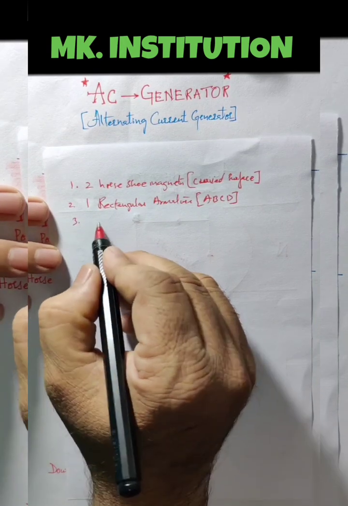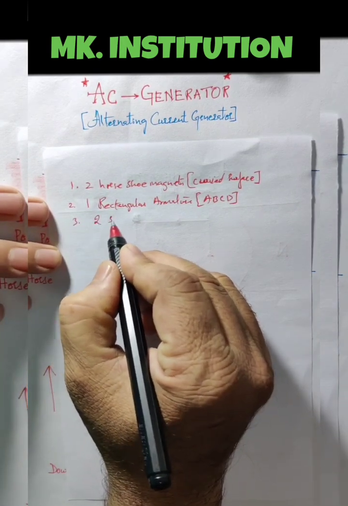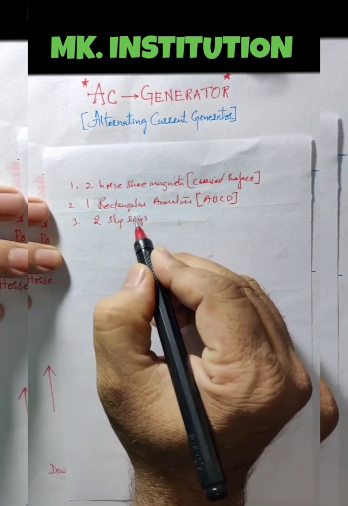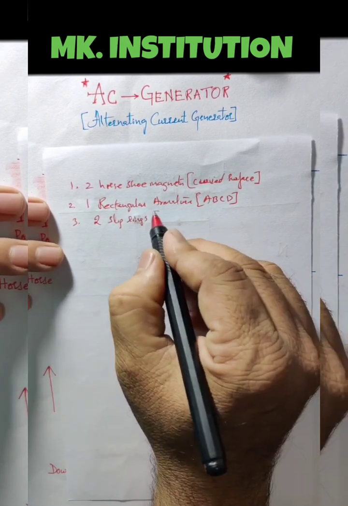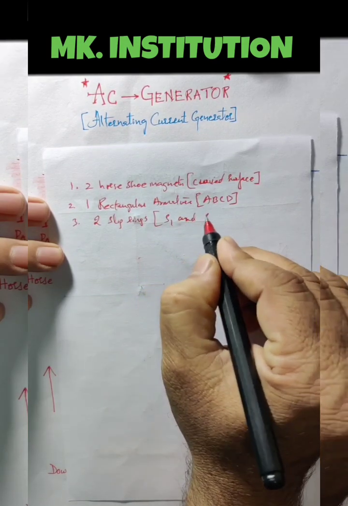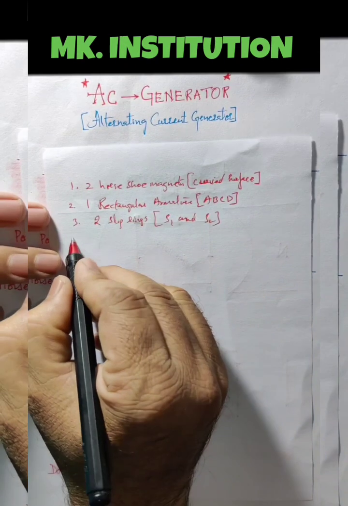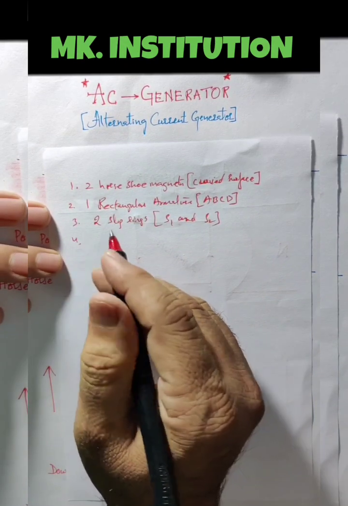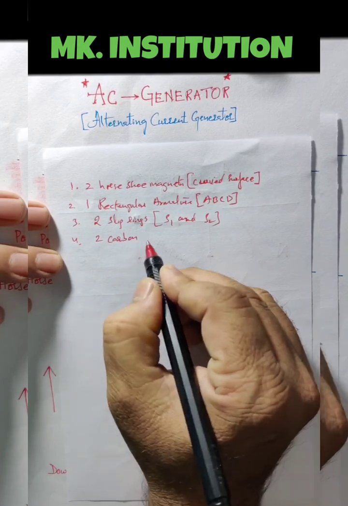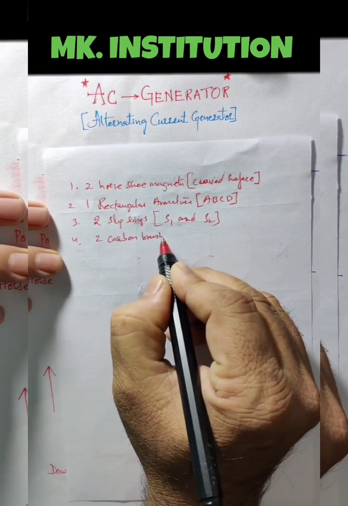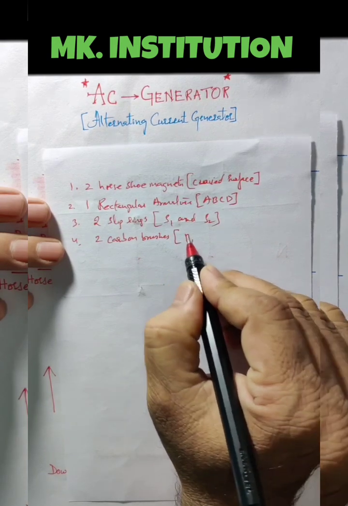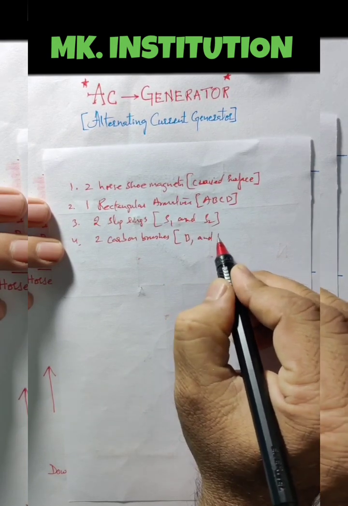And the third one, we have to take two slip rings, and we can name them S1 and S2. Clear? The fourth one, we have to take two carbon brushes, and we can give them the names B1 and B2.